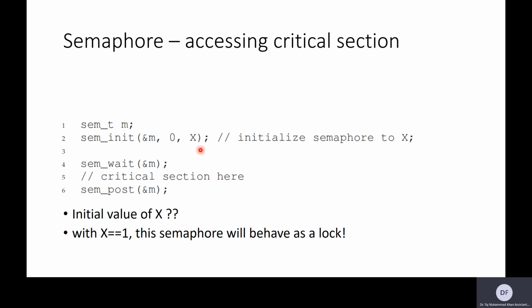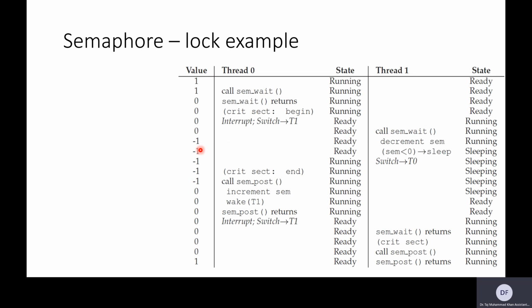So here this is the same example. The first thread acquires the lock by calling sem_wait, and the value will become 0. And when the second thread calls sem_wait while the first thread is in its critical section, the value of the semaphore becomes negative, and the second thread will block until the first thread calls sem_post, the value will become 0, and it will wake the second thread.